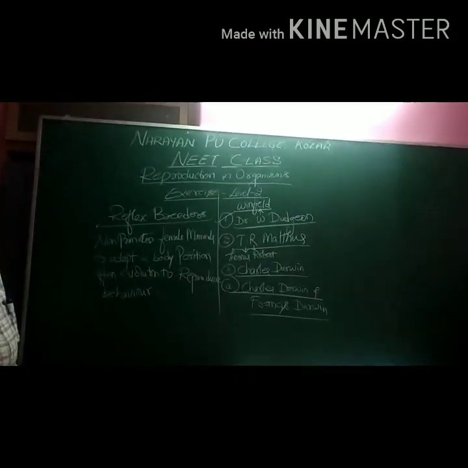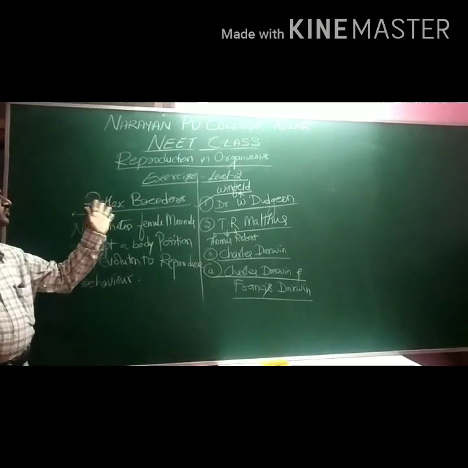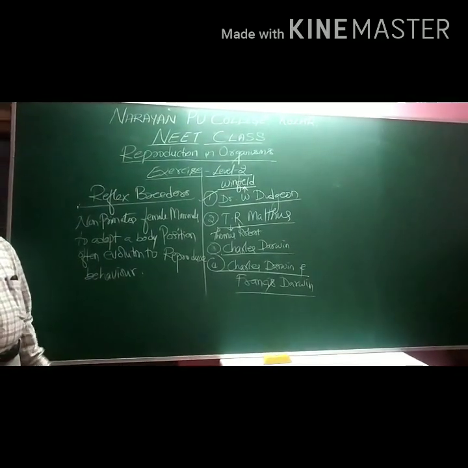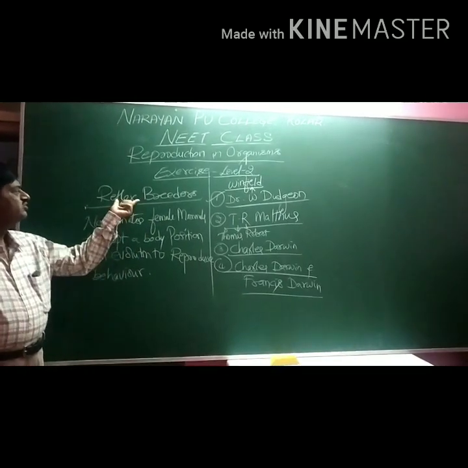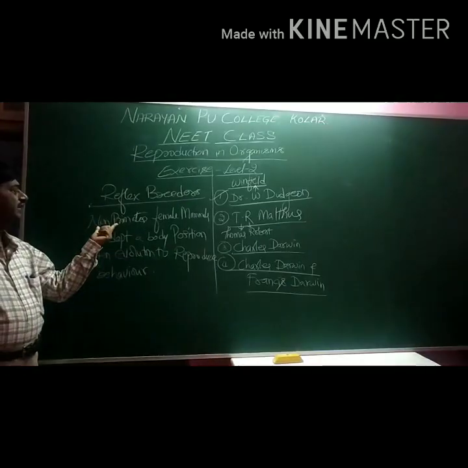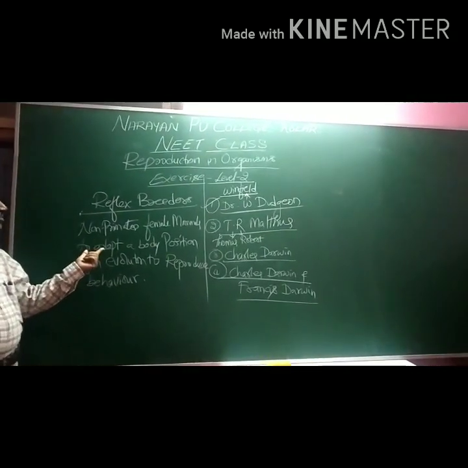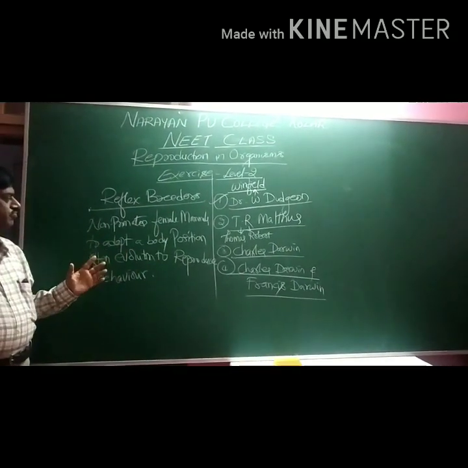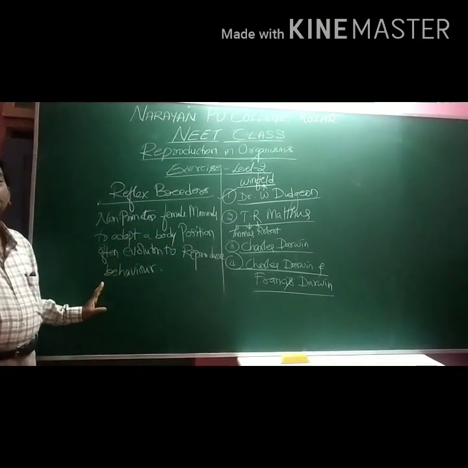So here I have given a definition because this type of question may be asked for 1 mark. I have given it to you in a descriptive manner. Reflex breeders are non-primate female mammals that adopt a body position, often evolved for their reproductive behaviors.